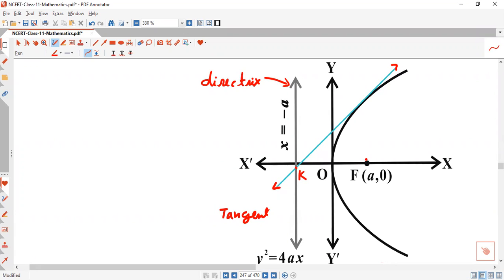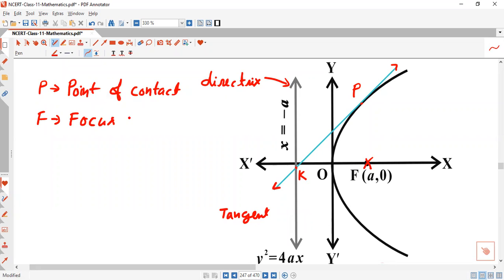Now you know this is the focus of the parabola, and P is the point of contact. P is the point of contact, F is the focus of the parabola, and this is the tangent equation.